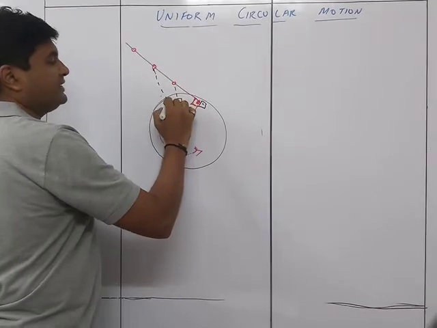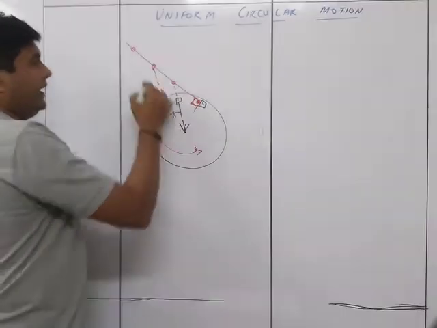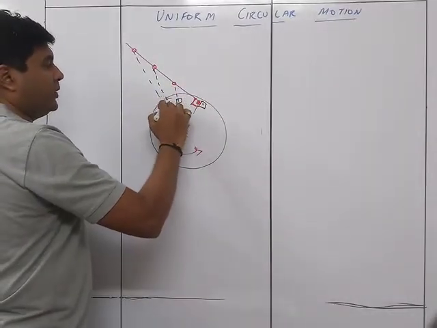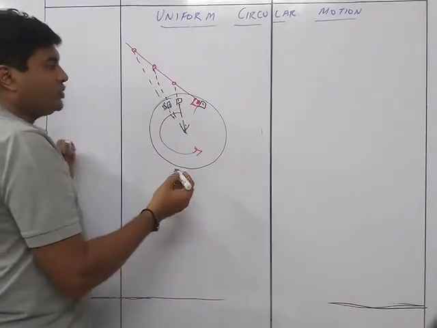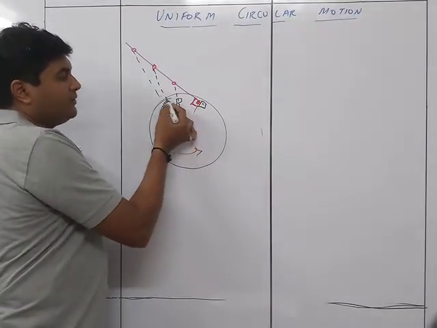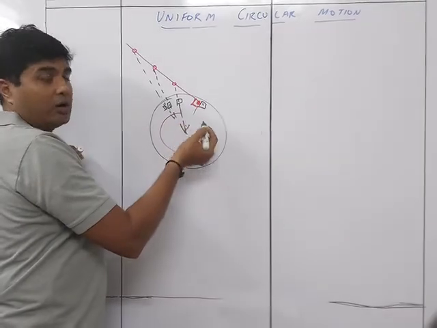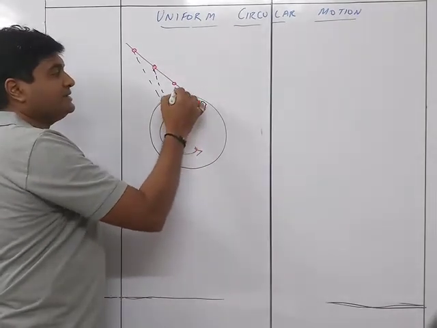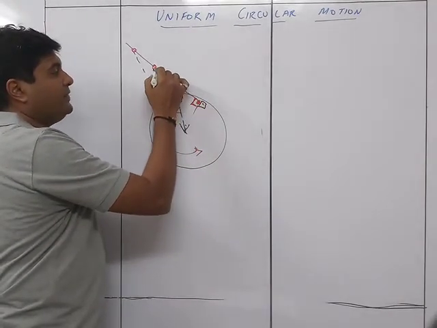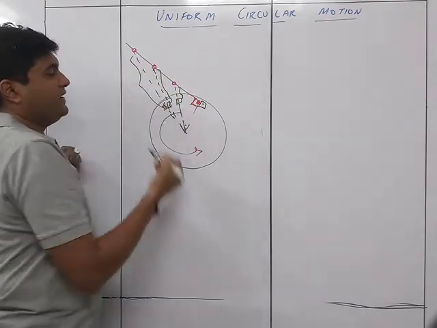When the observer reaches this point, he will see the ball here, and when the observer reaches this point over here, he sees the ball over here. So you can see that as he is rotating or moving over here, he sees that the distance between himself and the ball is keeping on increasing.